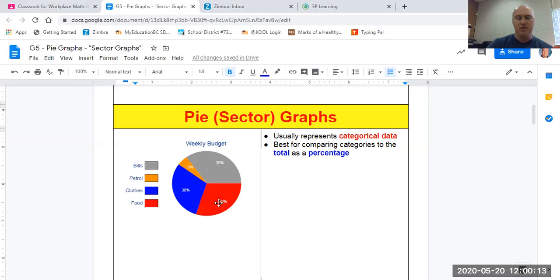And most of the time, these graphs provide information as a total of something. So in other words, you may have $1,000 total to spend, and it will show you as a percentage how much you spent on each particular category of information. So that's what a pie graph represents, and it oftentimes is showing percentages as they relate to a total value.